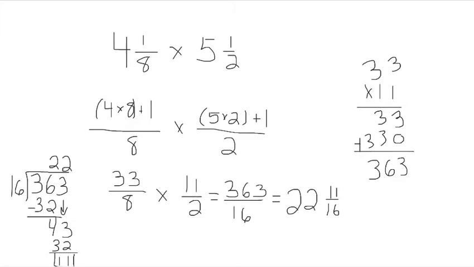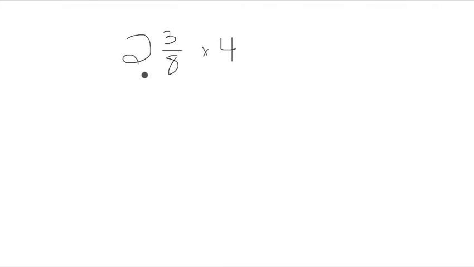Let's look at another one. 2 and 3/8 times 4. Again, I'm going to take my mixed number and convert it into an improper fraction. So my denominator is going to stay the same as 8. And in order to convert my numerator, I do my whole number times my denominator.